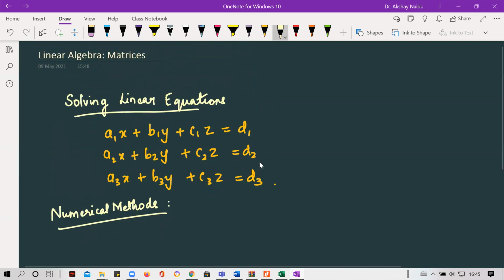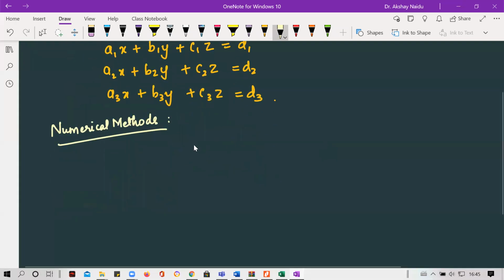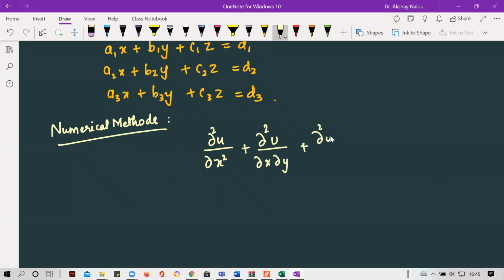Very interestingly, even your differential equation, your partial differential equation, for example, suppose you have a partial differential equation of some function, like this.